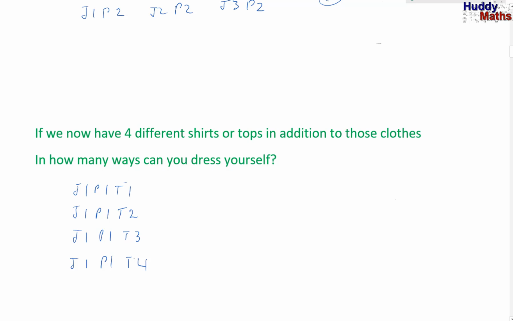So we have done one of our arrangements before and put it with 4 tops. Now we'll do the next one. Jean 1, pair 1, top... we've got to get rid of that. That's jean 1, pair 2, isn't it? Top 1, jean 1, pair 2, top 2.